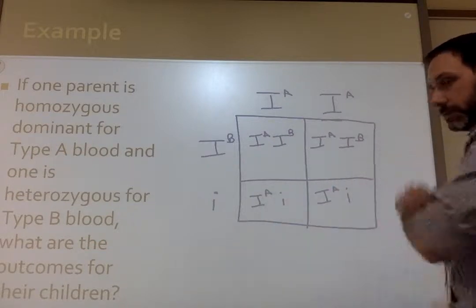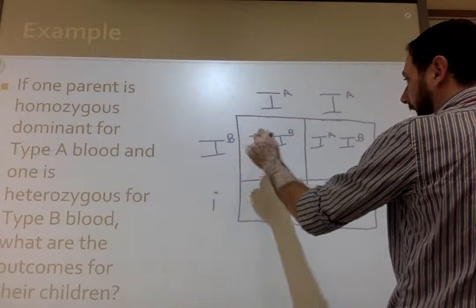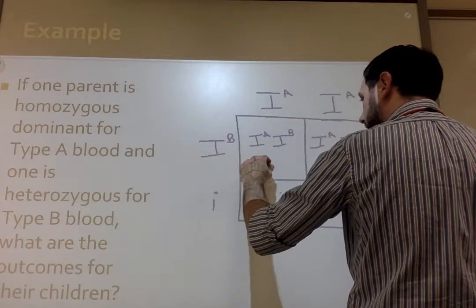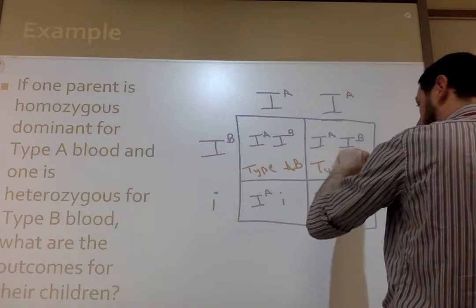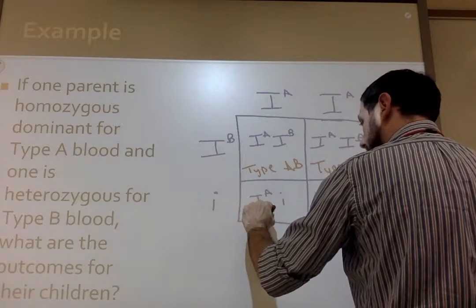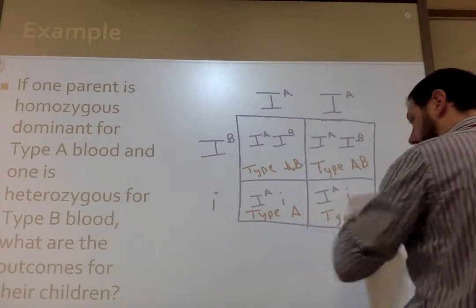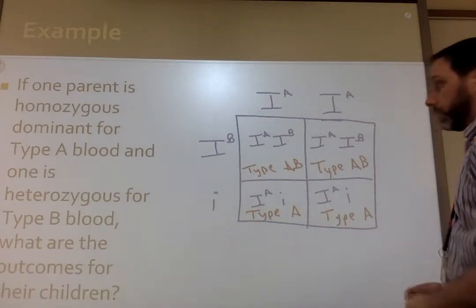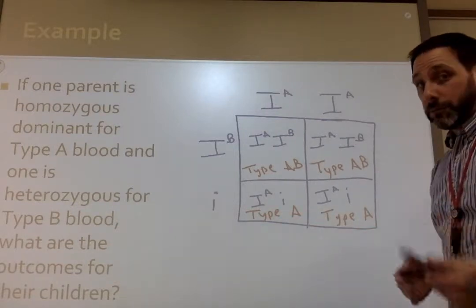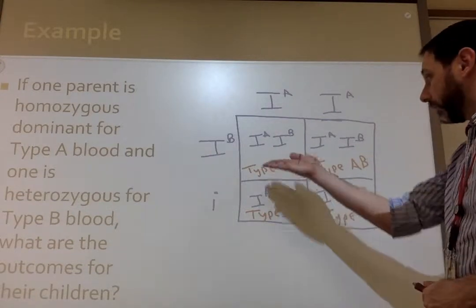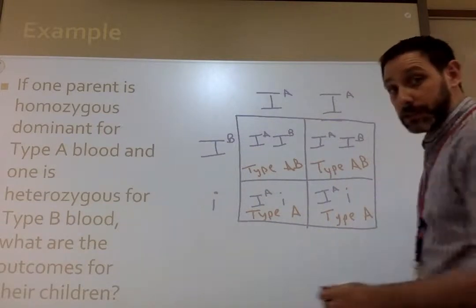Always put the capital letters first. Always put the A's before the B's. And so now if I write this out, this is type AB, type AB, type A, type A. So in this case, there would be a 50% chance for type A, a 0% chance type B, 50% type AB, and 0% type O.